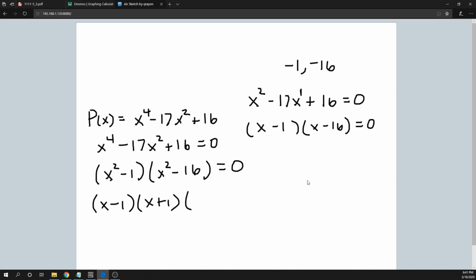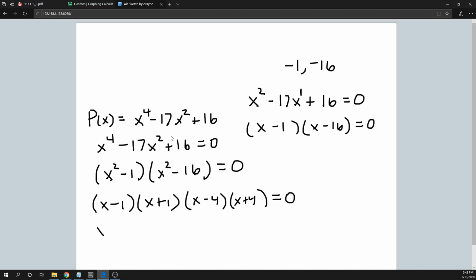X squared minus 1 factors to x minus 1 times x plus 1. X squared minus 16 factors to x minus 4 times x plus 4 equals 0. And now we have this polynomial completely factored.